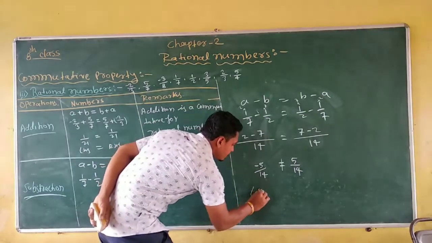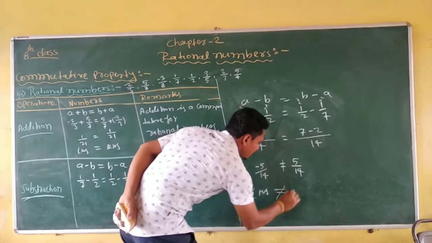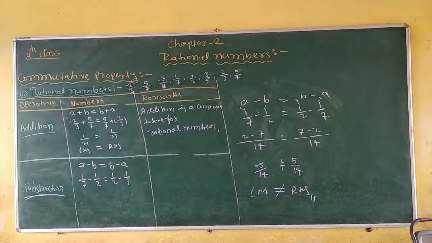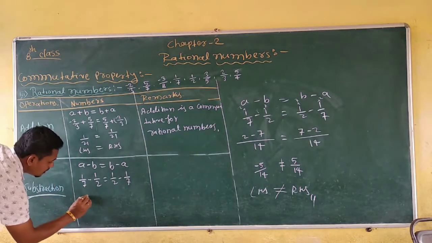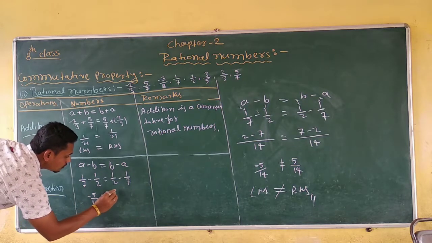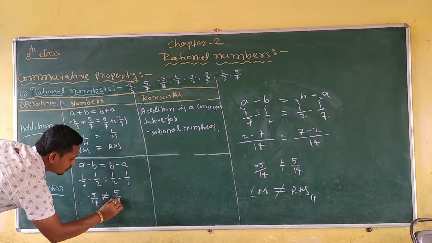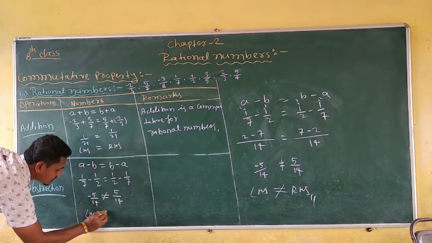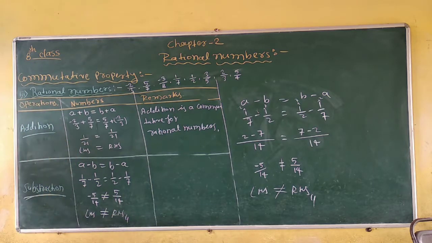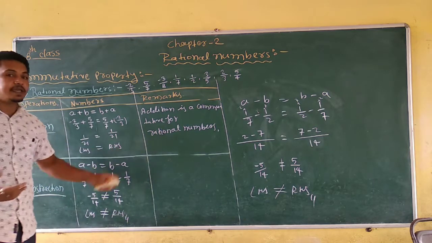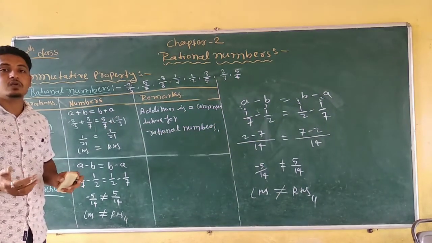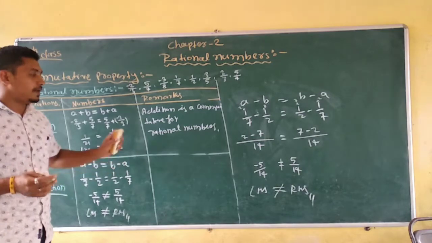Therefore, the left hand side is not equal to right hand side. So our remark is that subtraction is not commutative for rational numbers.